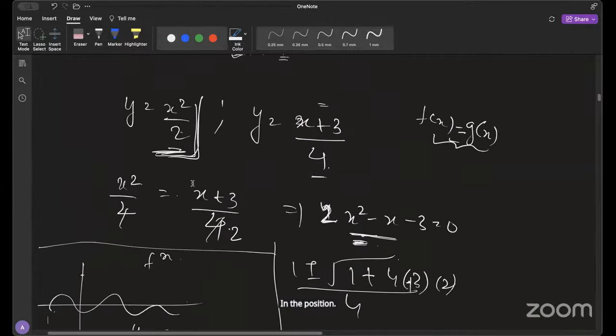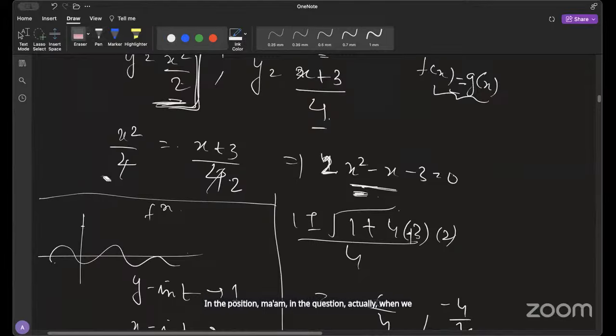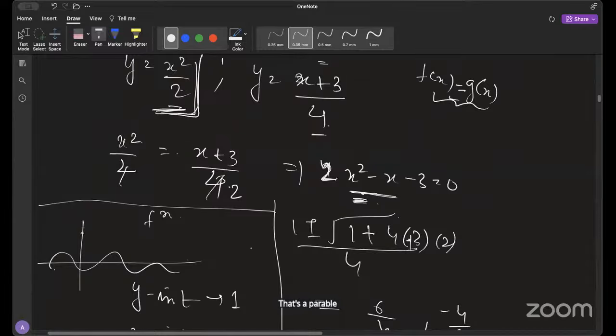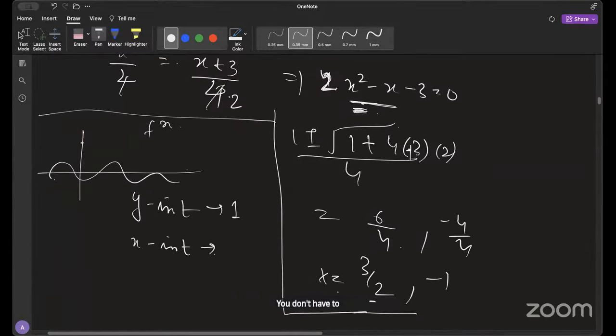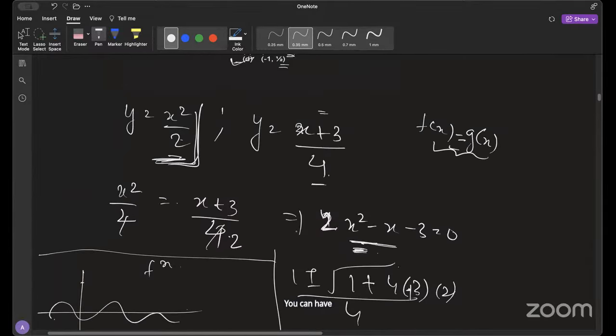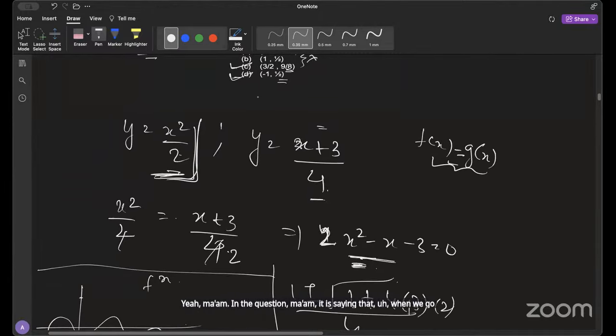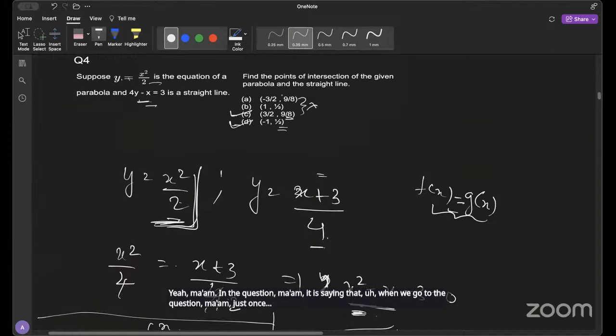Ma'am, in the question, that's a parabola. It can intersect at 2 points. You don't have to have one intercept. You can have 2. Ma'am, in the question it is saying the point of intersection of the parabola and a straight line.